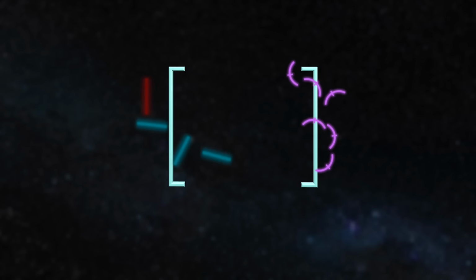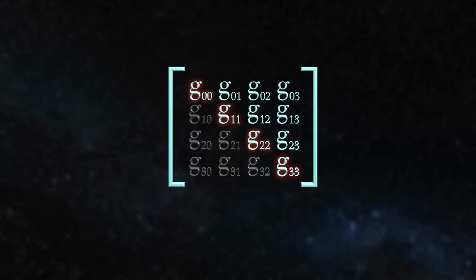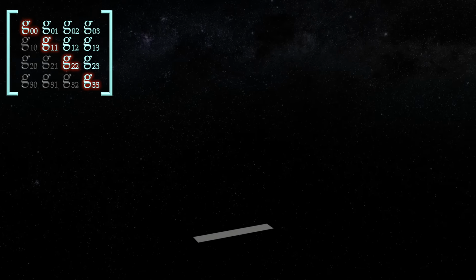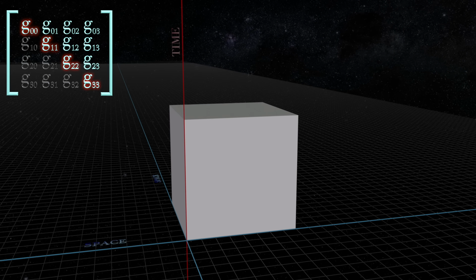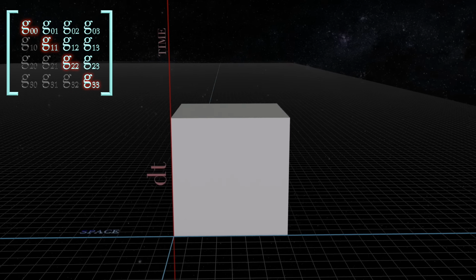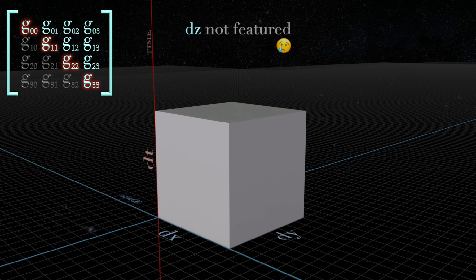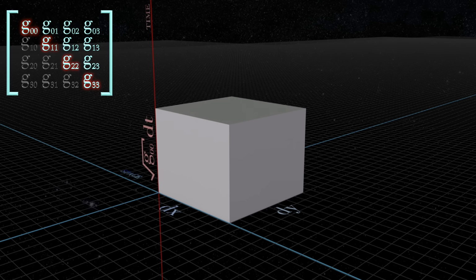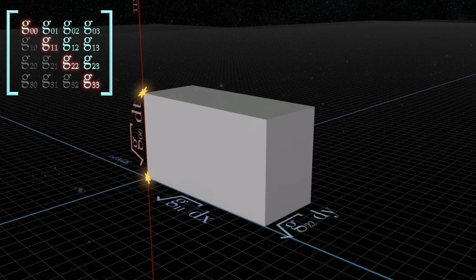Arraying these in their proper matrix form, the 4 diagonal components will tell us, for any given infinitesimal piece of a spacetime observer's map, how to resize the 4 coordinate lengths dt, dx, dy, and dz, so that their new lengths correspond to the proper spacetime distance between the world events which define their span.